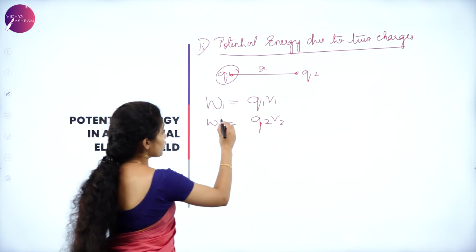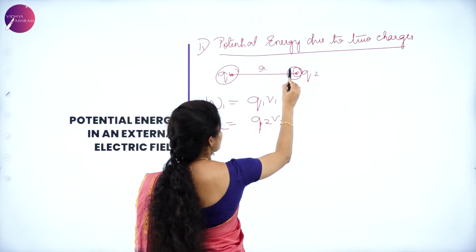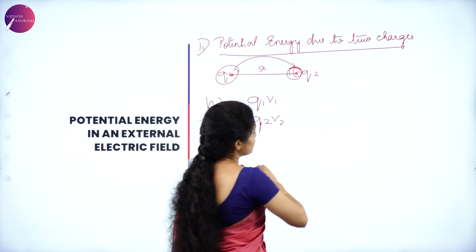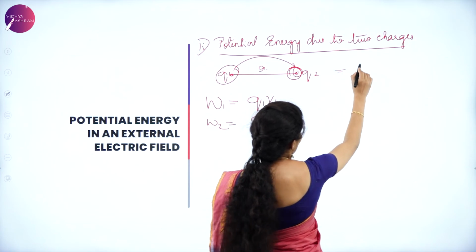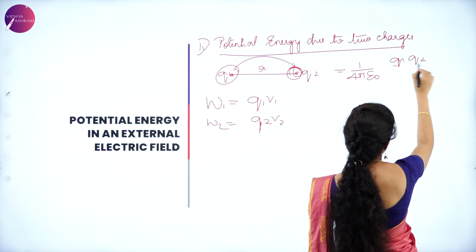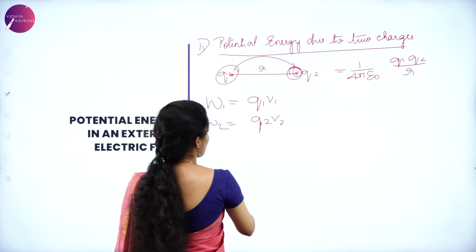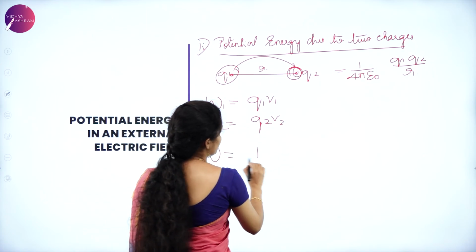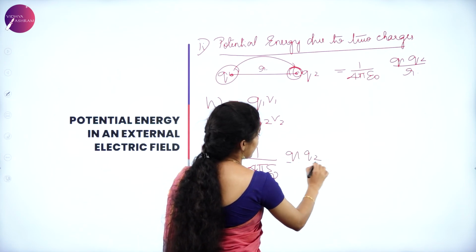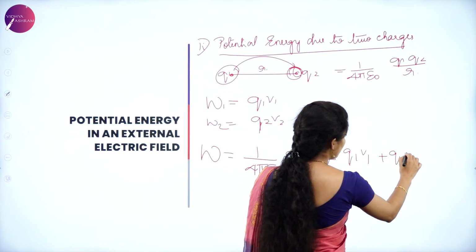The work done on Q2 due to Q1 can be given by the potential as 1 by 4 pi epsilon naught Q1 Q2 divided by R. The total work done by this system of charges can be given as W is equal to 1 by 4 pi epsilon naught Q1 Q2 divided by R plus Q1V1 plus Q2V2.